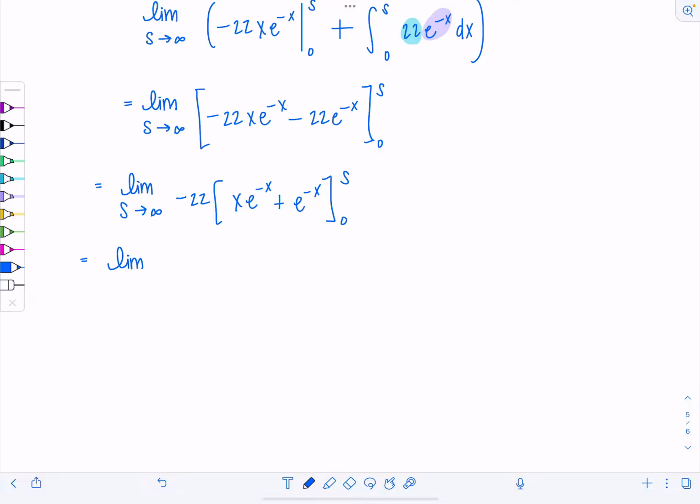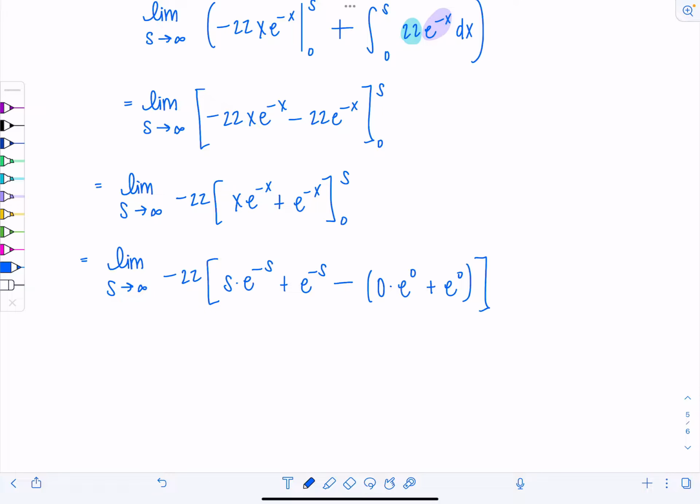So now we have the limit as s goes to positive infinity of negative 22 times s times e to the negative s plus e to the negative s, minus the lower limit, which is going to be 0 times e to the 0 plus e to the 0. All right, very good.